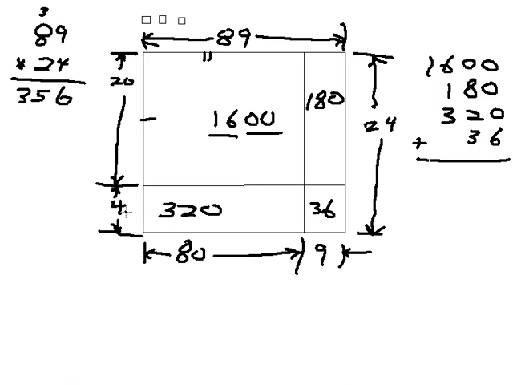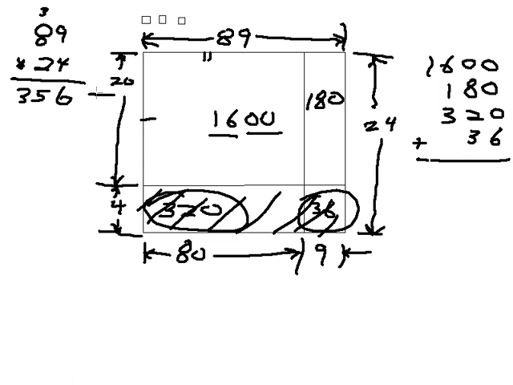Okay. 320 plus 36. 356 is 4 times everything. That row right there. Okay. The way we do our algorithm is we're getting the 320 and the 36 all at once.